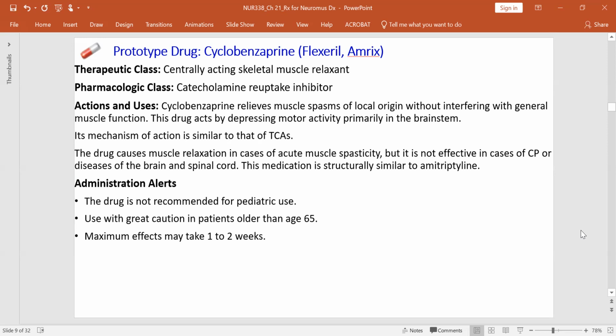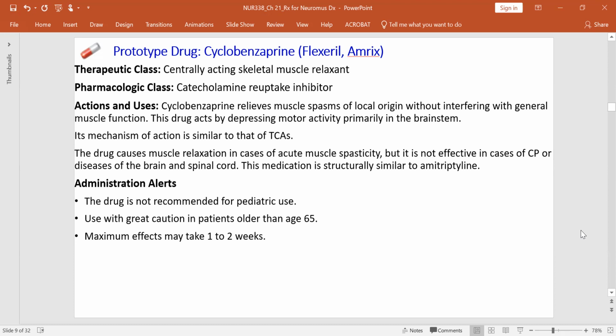So this drug is not recommended for pediatric use. And we have to use caution when prescribing it for patients older than 65 years old, because this population is more likely to experience confusion, hallucination, and adverse cardiac events from this drug.